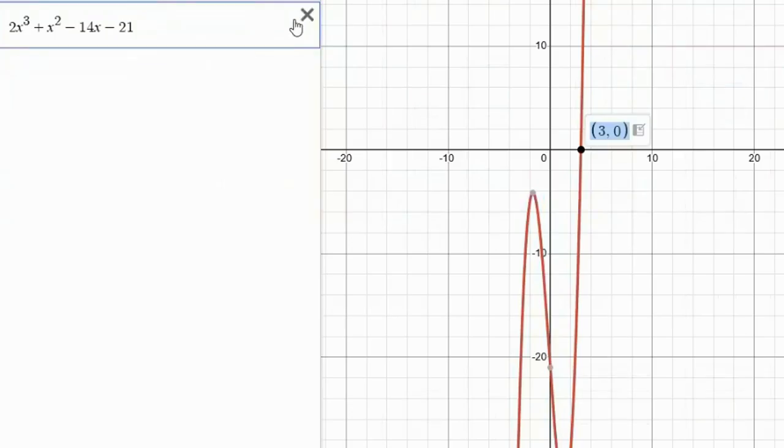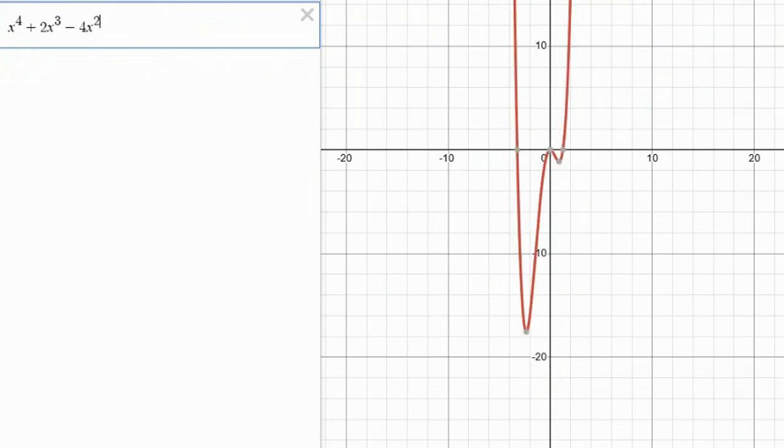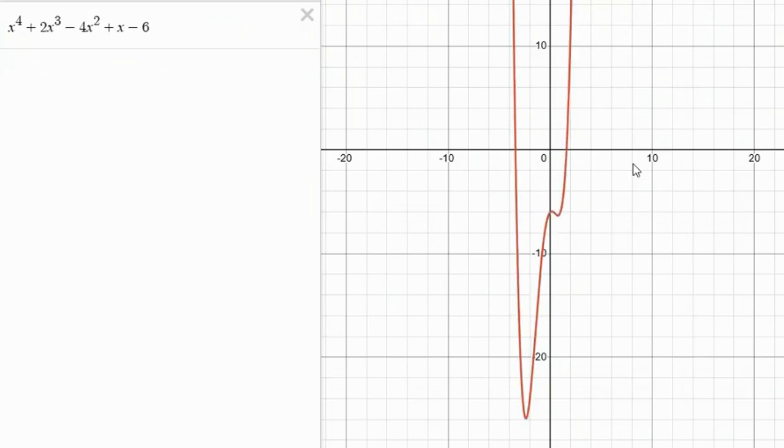We're going to graph that and take a look at that because it sounds a little bit too fabulous to believe, Mr. Brock. x to the fourth plus 2x to the third minus 4x squared plus x minus 6. Okay.